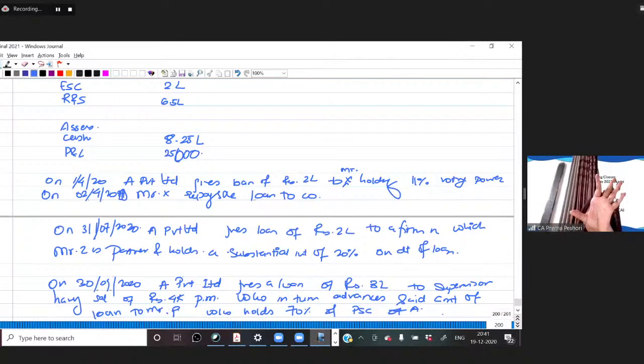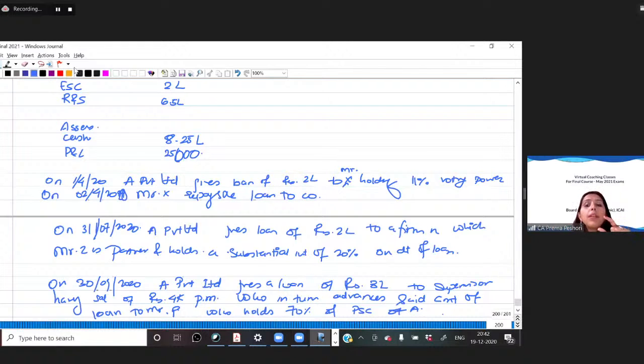Is it clear? Here in the third case, interest would be charged on the loan amount, if the interest on the loans given is less, or if excess interest is paid, right? Here, A Private Limited has given a loan of rupees 3 lakh to the supervisor. Then the interest portion should also be charged.